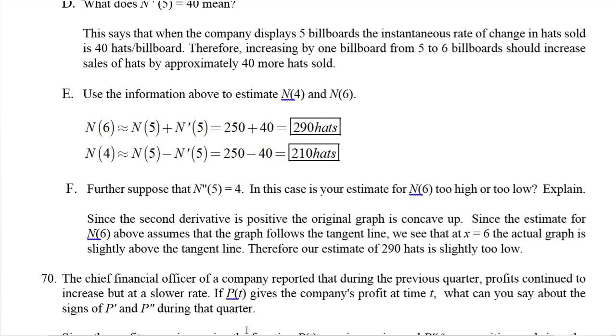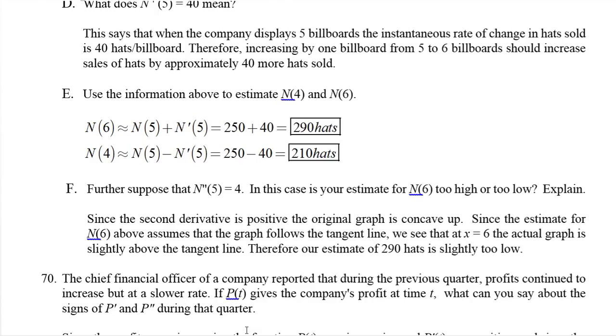Okay, number 70. The chief financial officer of a company reported that during the previous quarter, profits continued to increase, but at a slower rate than in the past. And if P of t gives the company's profit at time t, what can you say about the signs of P prime and P double prime during the quarter? Well, the fact that the profit is increasing says P is increasing, so P prime is positive.